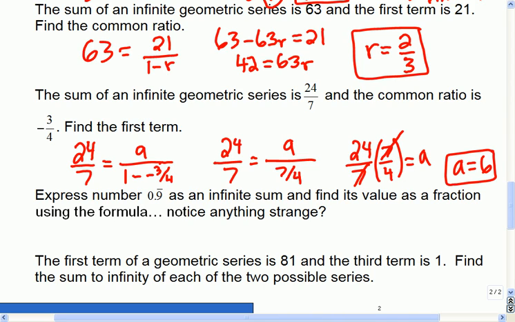Okay, so I'm pretty sure those are correct. If you want to double check over against your answers, I got a common ratio of 2/3 and a first term of 6.